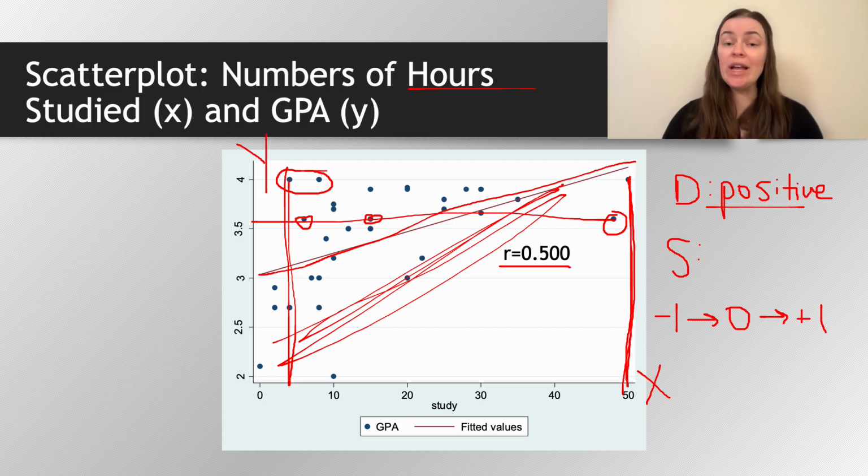And so the strength of this relationship, I would categorize as a moderately positive relationship. I kind of mentioned that on the last slide as well. So I would say this is moderately positive.